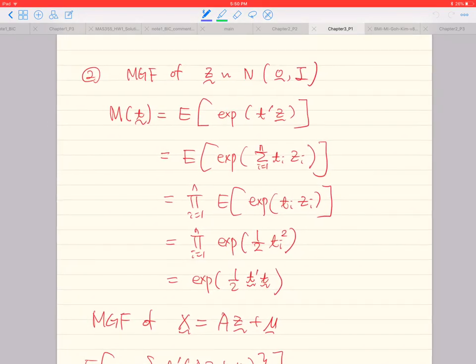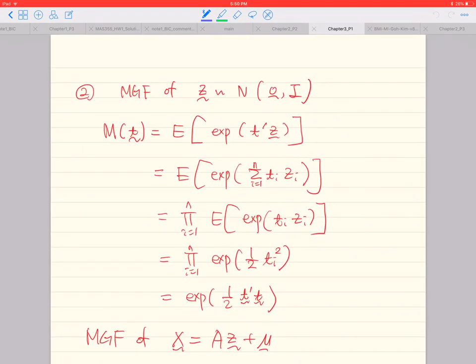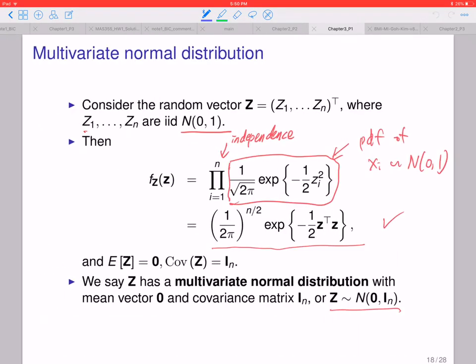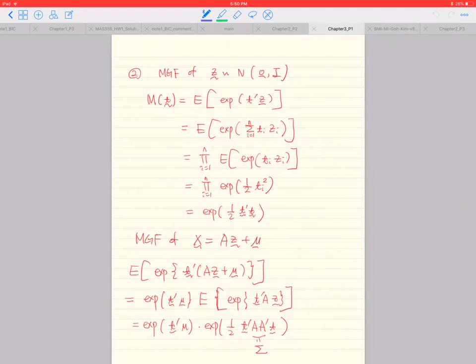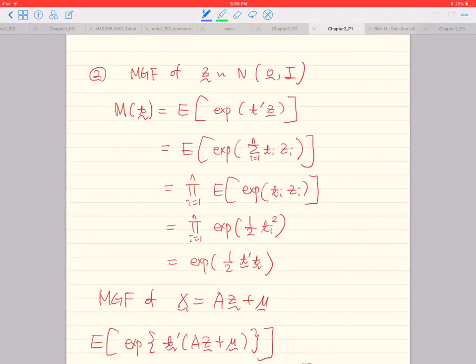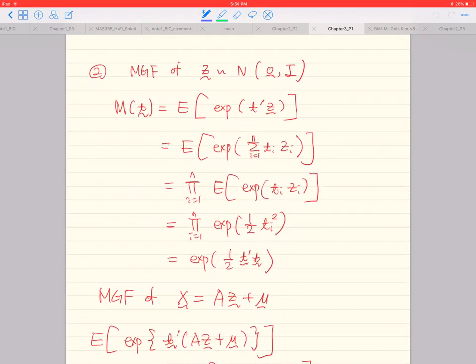Now let's derive the MGF. We should first derive the MGF of the vector Z from the standard normal distribution.